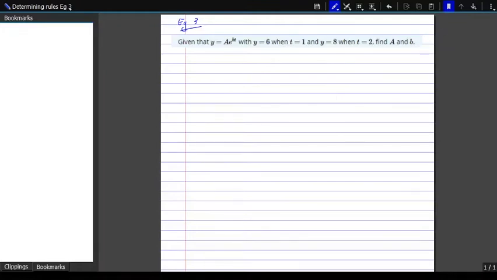So based on the information that we have, we know that y equals 6 when t equals 1 and y equals 8 when t equals 2.